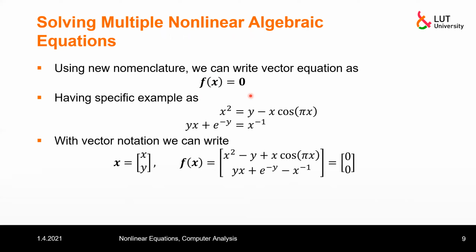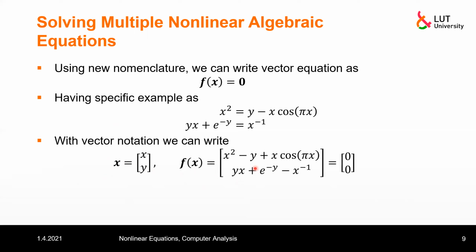Now an example. Here we have two functions of two variables, x and y. If we put this into vectors, we have the vector of variables x, consisting of scalar x and scalar y, so a two-element column vector, and the vector of functions f of x.